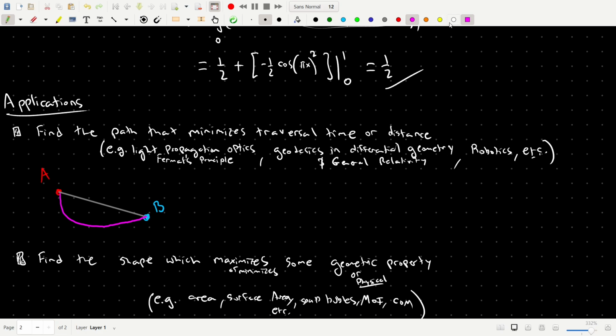Another example would be, say, if you have a light propagating in a certain medium and you have a change in your medium. So let's say you have some interface between A and B where to the left of this you have material 1, and to the right of this you have material 2.